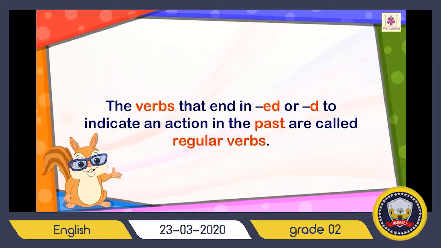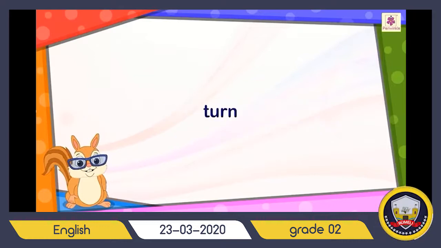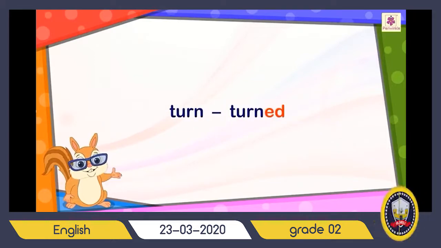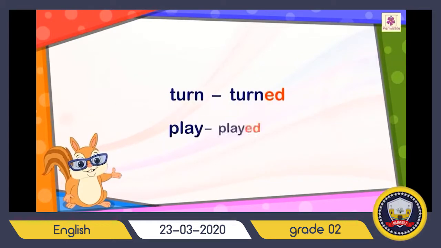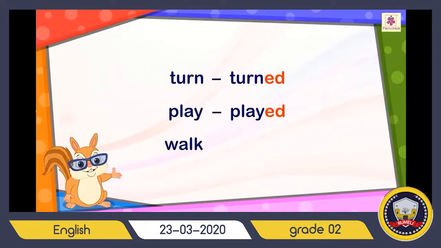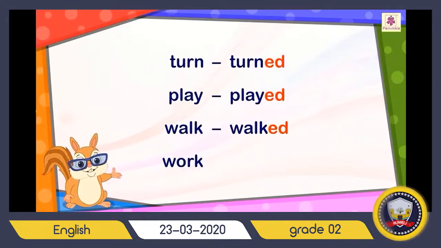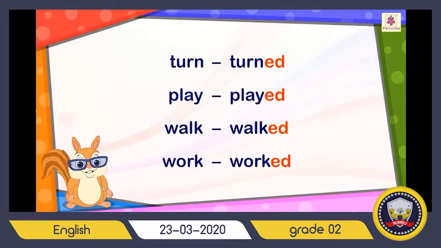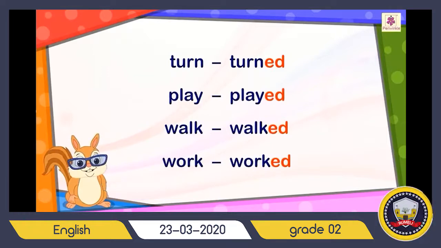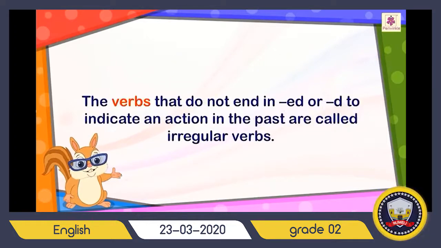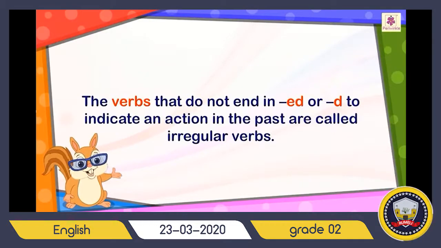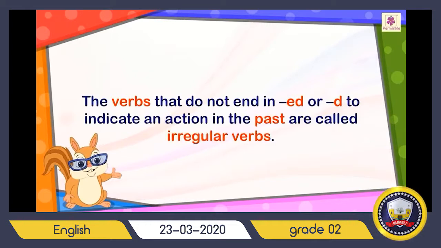For example, turn, turned, play, played, walk, walked, work, worked. The verbs that do not end in ed or d to indicate an action in the past are called irregular verbs.